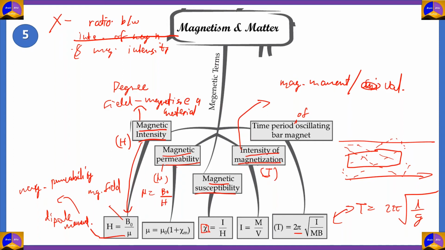So it is also related with susceptibility in the formula mu is equal to mu naught times (1 plus Xi m). Xi m stands for magnetic susceptibility of a magnetic material, and mu naught is very special because it stands for magnetic permeability of free space.